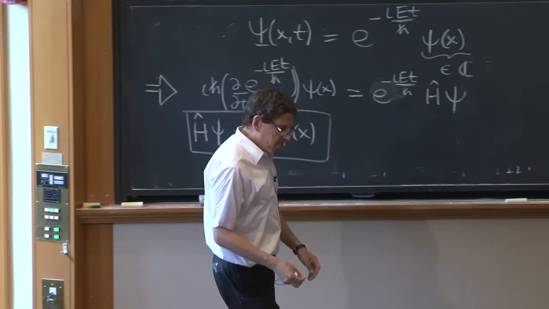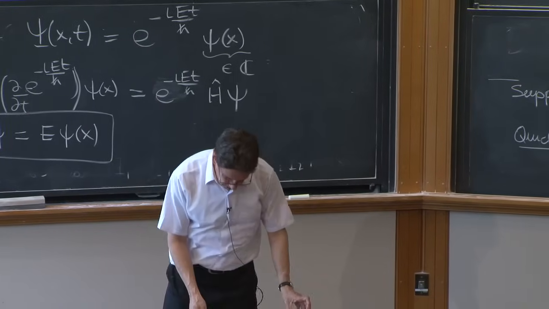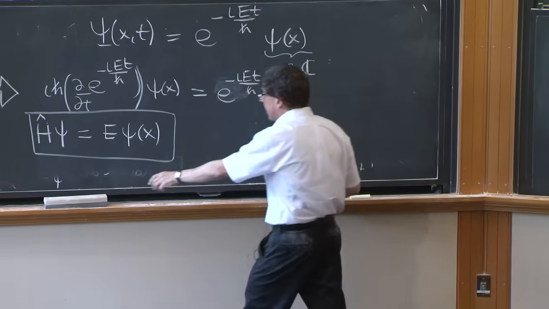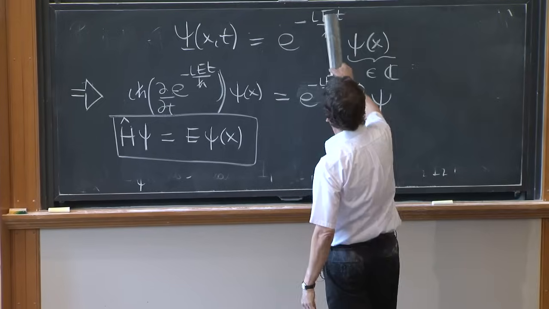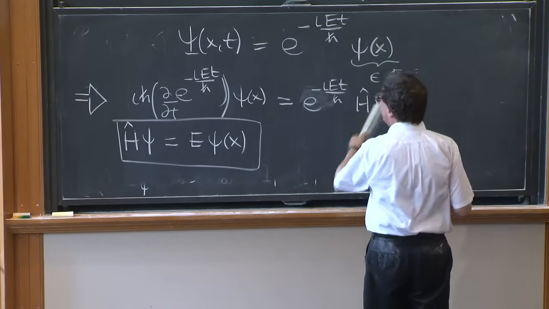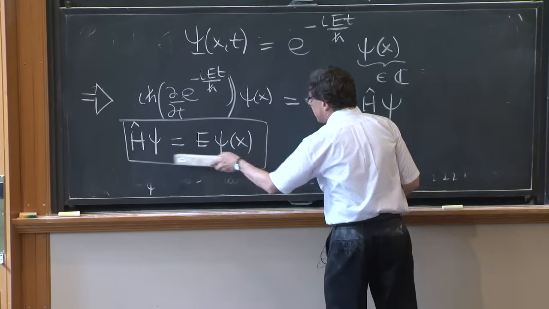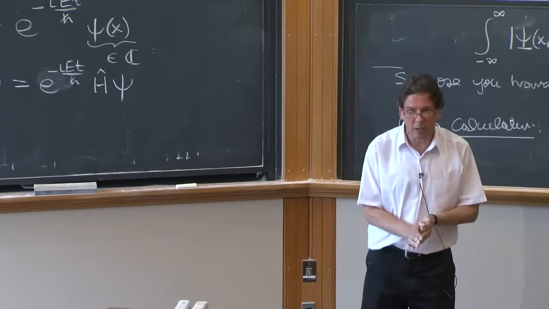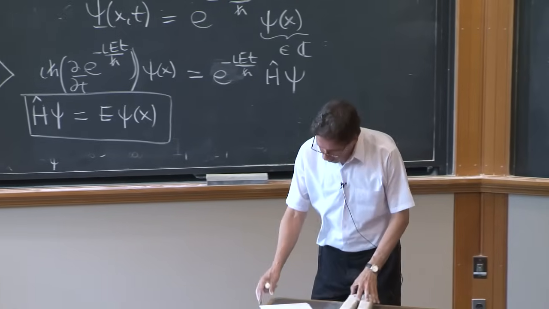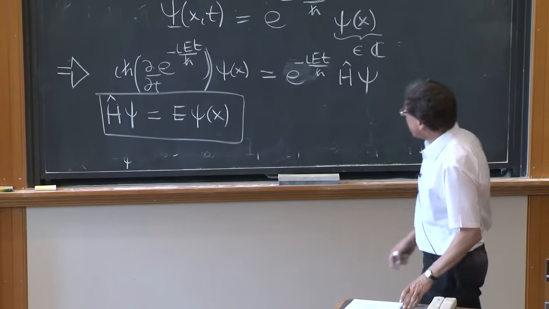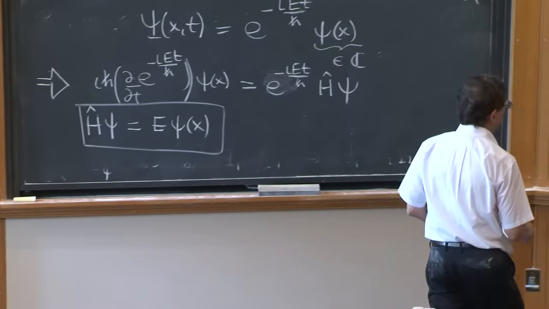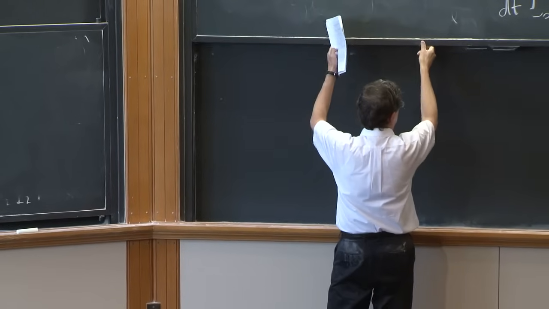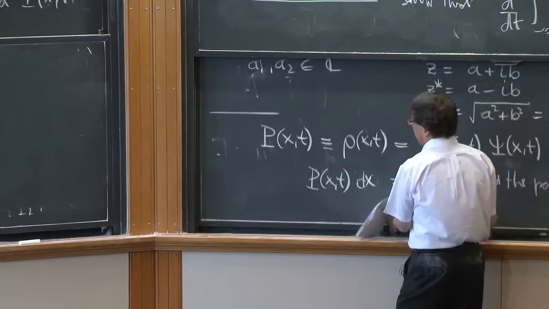So far, this is really a simple matter. We've written a solution that will represent a stationary state, but then this energy should be such that you can solve this equation. And as you've learned before, it's sometimes not so easy to solve that equation. We have a lot to say about it, and a few very important things will be pointed out now.